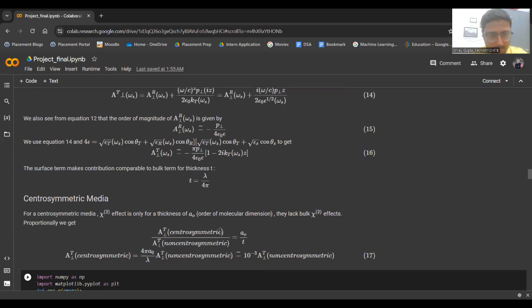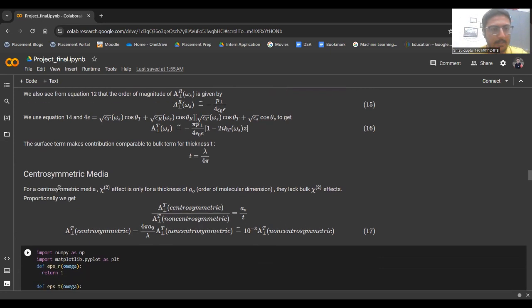This part is a little incorrect. So now we can see the centrosymmetric media. The effect for centrosymmetric media is only for a thickness of the order of the Bohr radius, which is a naught, because the effect is only happening at the surface.